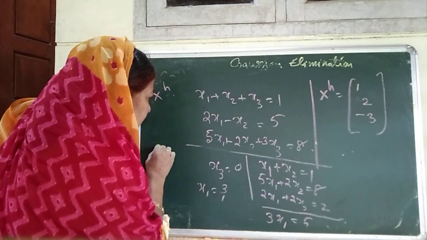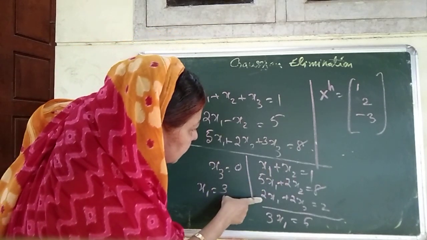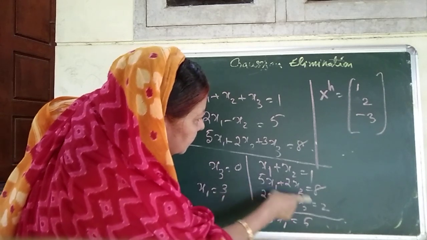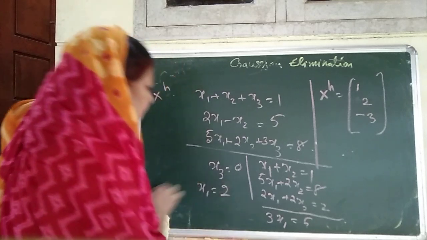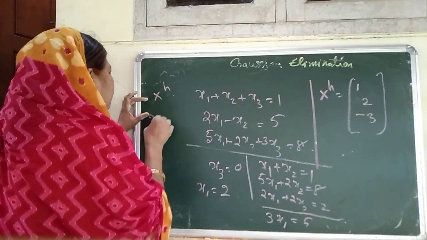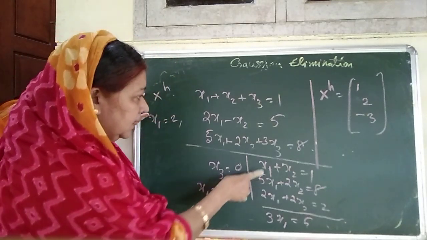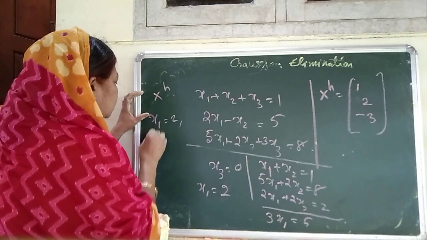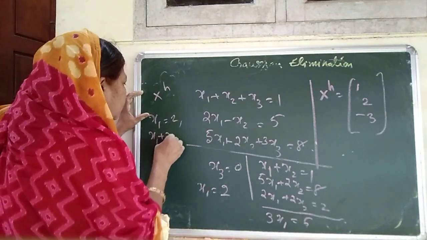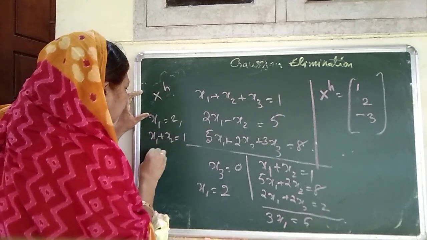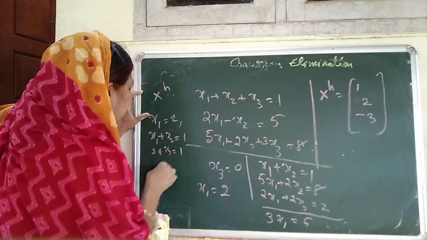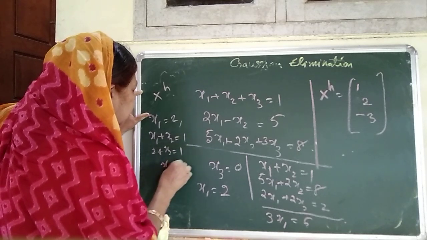Then we take this value in this equation. We get x1 equal to 2. Then x1 plus x2 equal to 1, so 2 plus x2 equal to 1 gives x2 equal to minus 1.